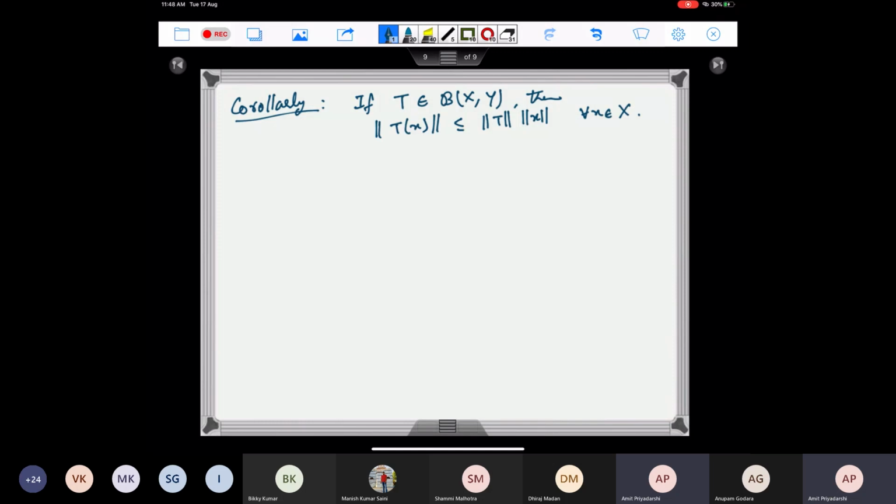Because for x equal to 0, of course this is true, and if x is non-zero, then norm T is nothing but the supremum of norm Tx by norm x. So it is less than or equal to norm T. So we get this.